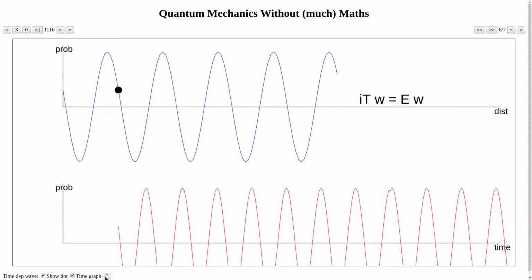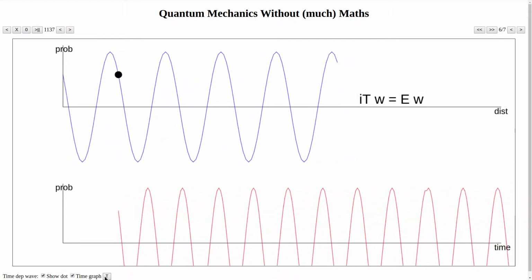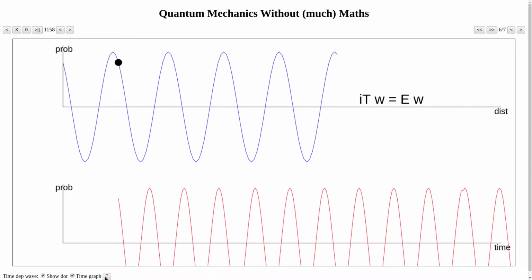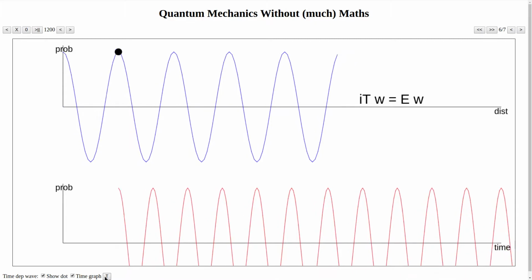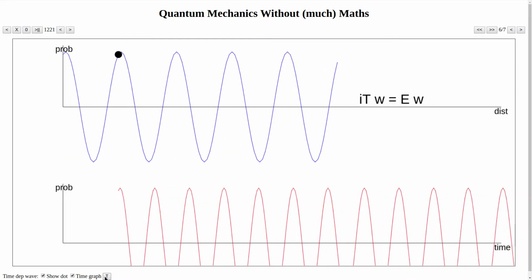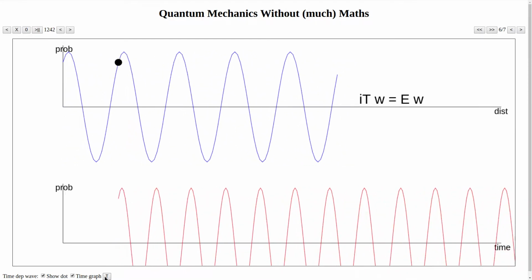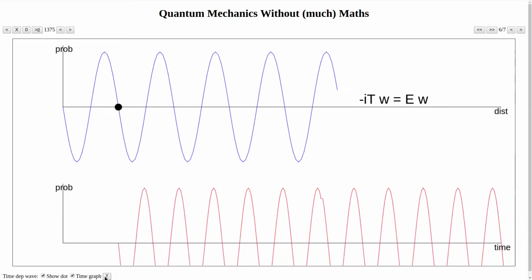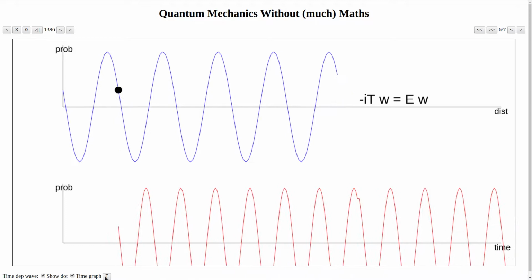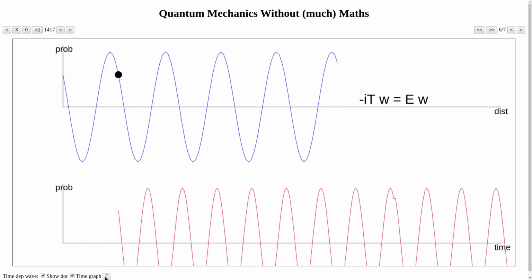And for exactly the same reasons as with the slope operator, we need to use a pair of curves and a time operator that is multiplied by I. And purely as a convenient convention, we stick a minus sign in front of it. This is purely to make positive measurements correspond to waves that travel in the positive distance direction.